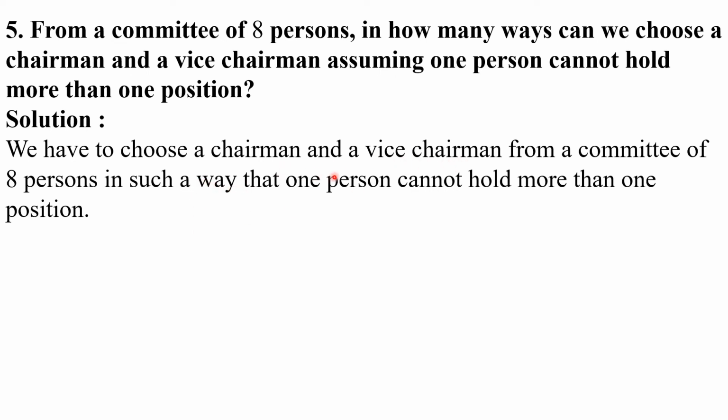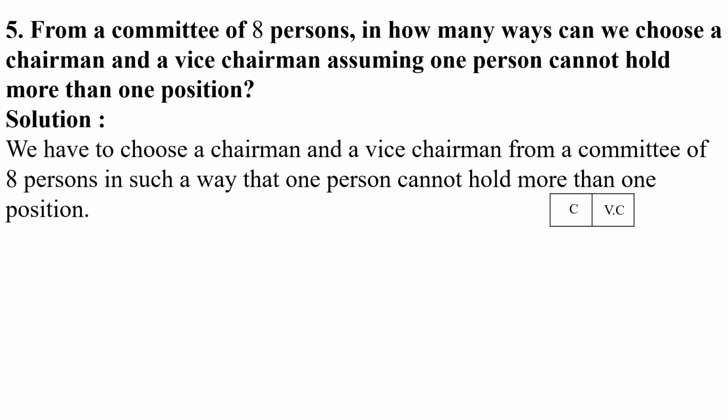So to denote these 2 positions, let us take 2 empty boxes. See here, my dear children, I have taken 2 empty boxes. One denotes the chairman position and the other denotes the vice chairman position.